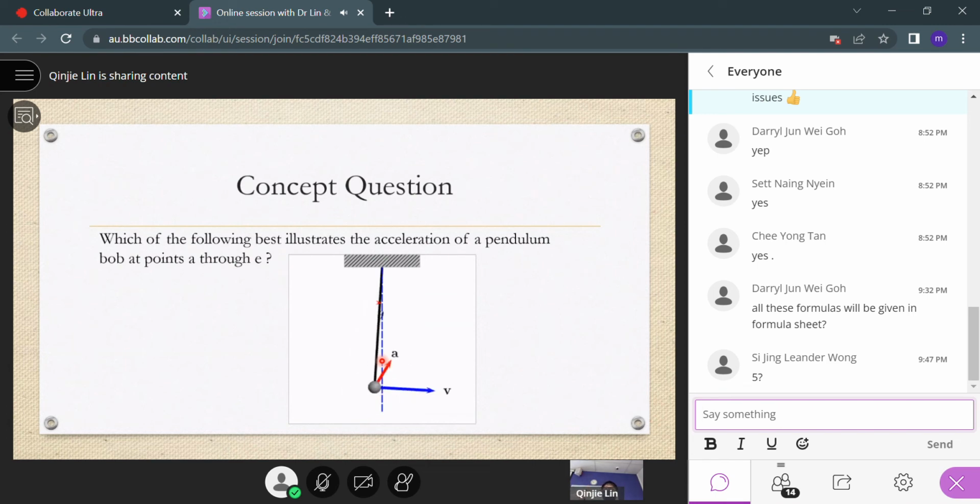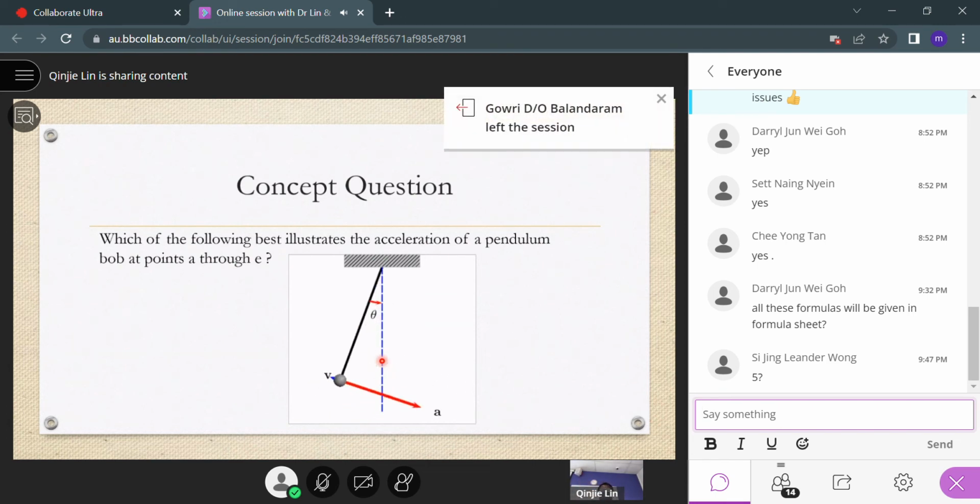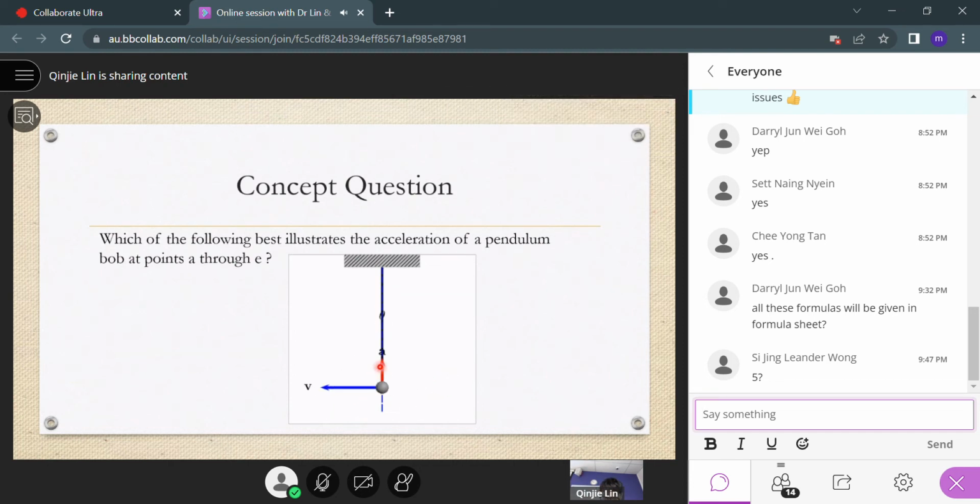It just accelerated and then it's going to transit to decelerating, but that point got nothing. Okay, that's why you see at that point, the acceleration only points to the middle of the circle. Because tangential acceleration got nothing. You are only left with radial acceleration. Okay? Okay, good.